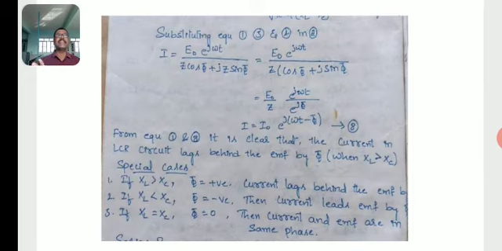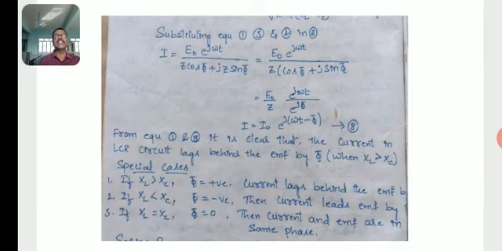If XL is greater than XC, phi is positive and the current lags the EMF by phi. If XL is less than XC, the phase difference is negative and the current leads the EMF by phi. If XL is equal to XC, phi is equal to 0, which indicates there is no phase difference between current and voltage.